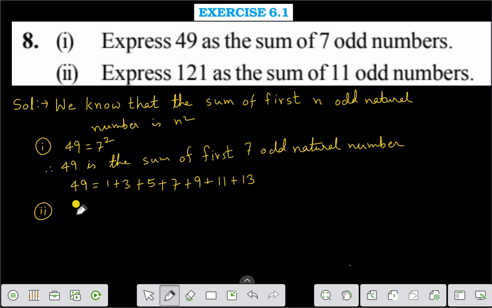We know that we can write 121 is equal to 11 square.